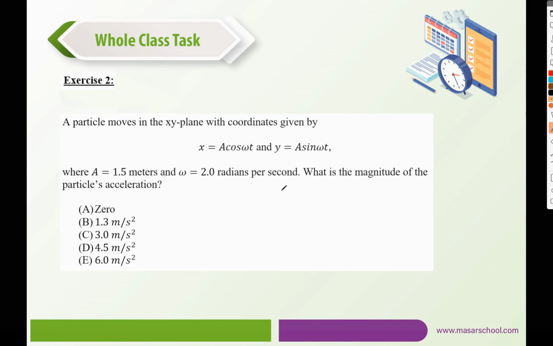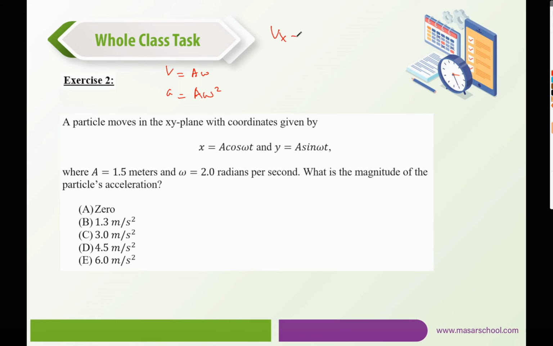A particle moves in the xy plane with coordinates given by x equals A cosine omega t and y equals A sine omega t, where A and omega are given. What's the magnitude of the particle acceleration? Speed would be given by A omega. Acceleration would be given by A omega square. Now how can we do that? Using calculus.